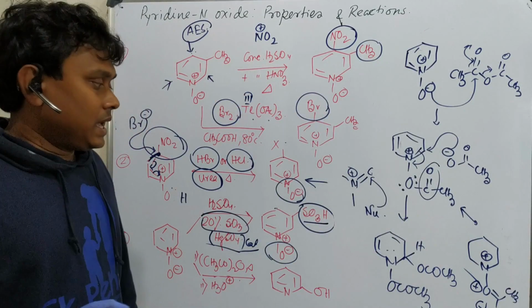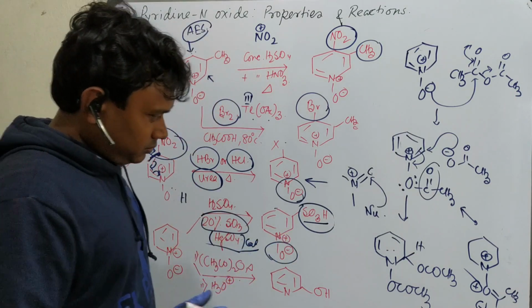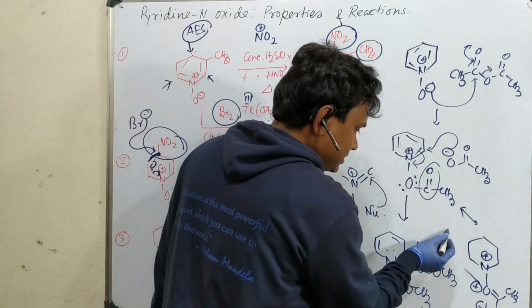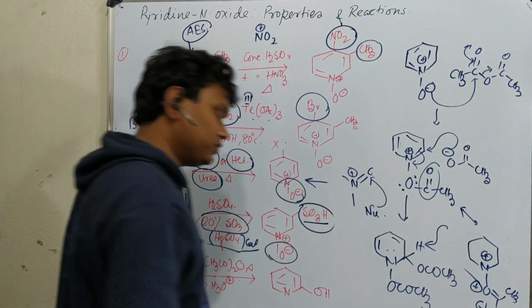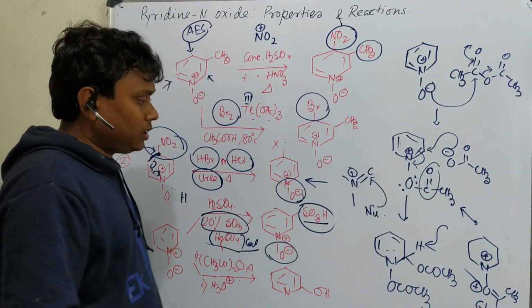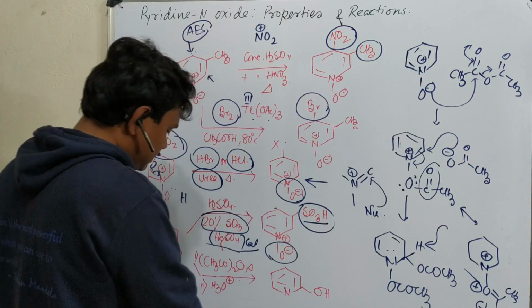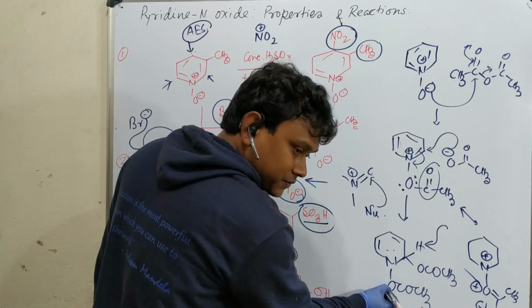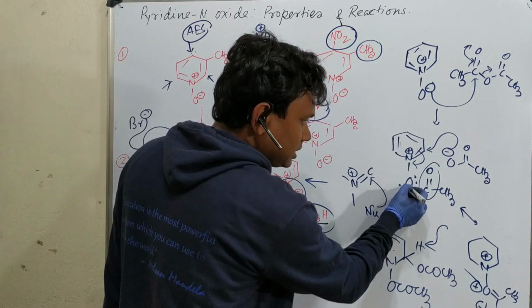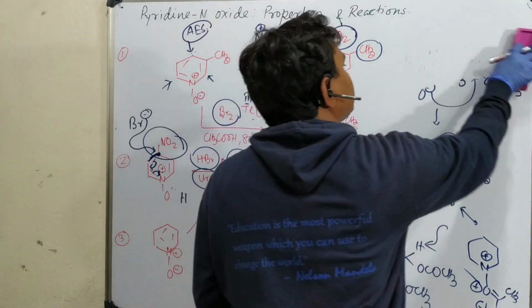Now, see, this aromaticity is destroyed, so this could be removed. Okay, so this could be removed, and another thing is that the second step is hydrolysis. So it can be removed at this stage in protonated form, meaning protonation on this or this. I will explain.